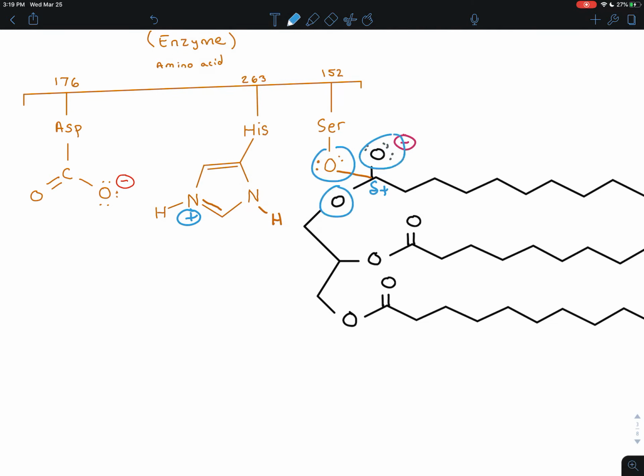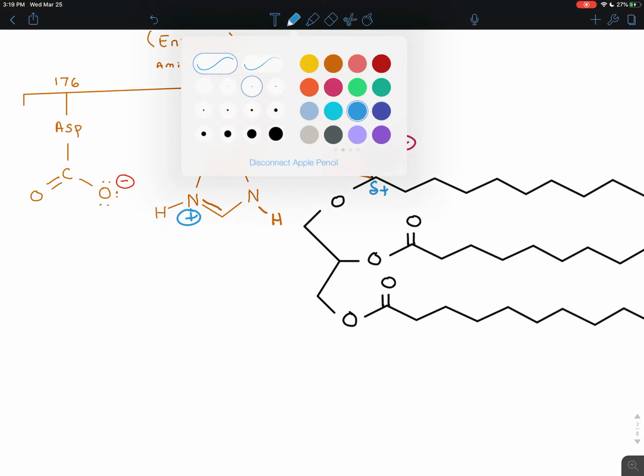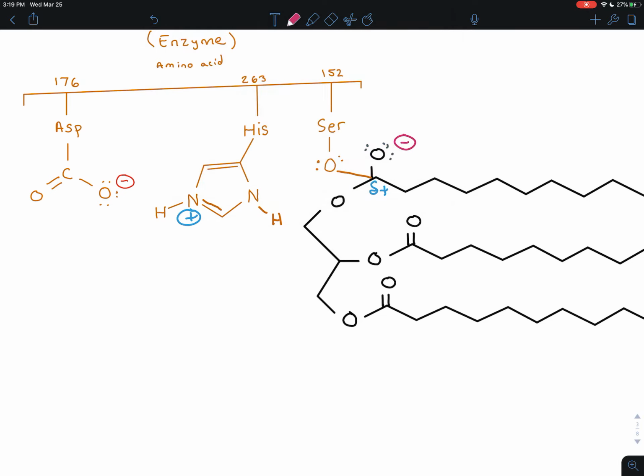It's bonded to 1, 2, 3 oxygens, all of them pulling its electron density away. And so it attracts this negatively charged oxygen a lot. And these electrons can snap back down because they're attracted to the positive charge there.